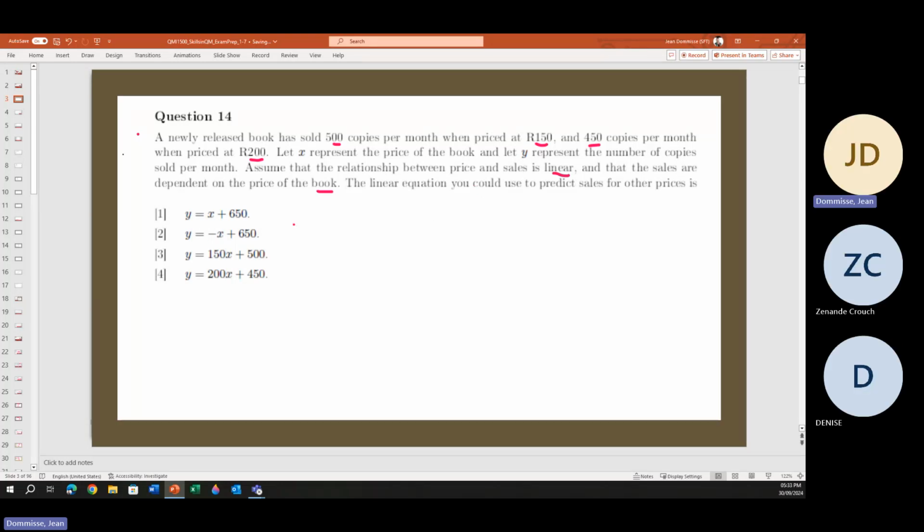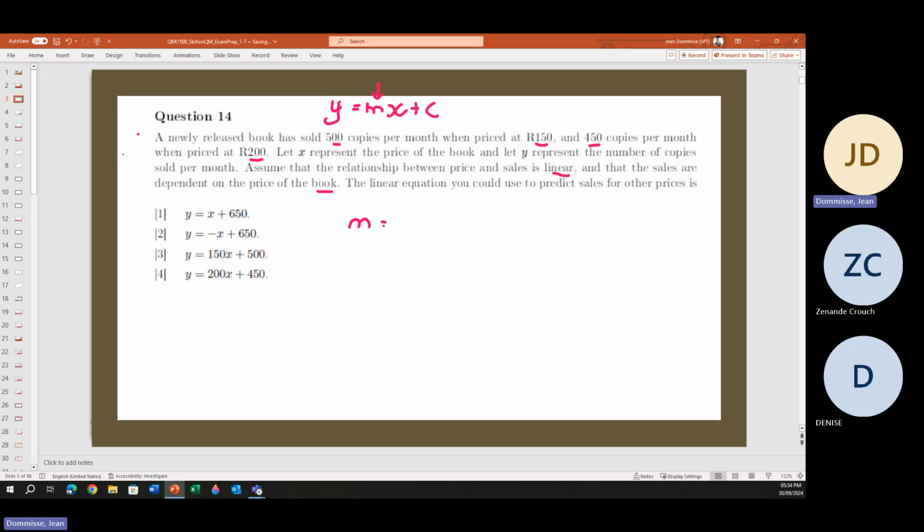Okay, so we need to get to one of these linear regression lines. The first thing we will need to work out is the slope. When we look at your standard linear regression line, mx plus c, what we first need to work out is that m, the slope.